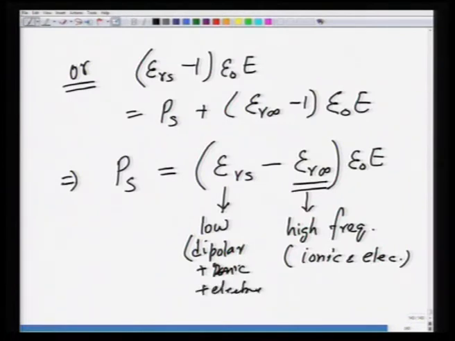So, the saturation polarization would be the difference of these two, so that you get rid of these two effects. So, the low frequency static dielectric constant minus the high frequency dielectric constant, the difference of these two multiplied by epsilon naught E will give you P s. Okay. And this E is again complex in nature, which means it is an alternating electric field.